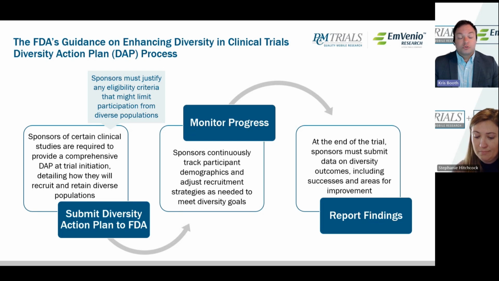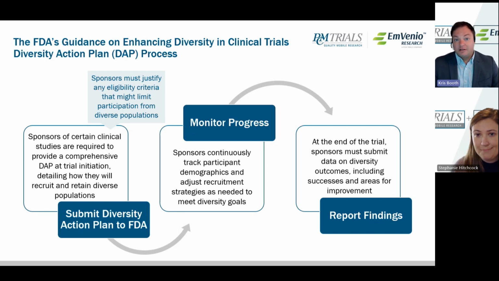We show screening results. We show pre-screening numbers, things of that nature, in order to make sure it aligns with the DAP. But to do that is an extra layer of monitoring from the sites. So it's important to understand and create this partnership with the site group, so that they understand where you're coming from and what you're actually trying to accomplish with your plan.